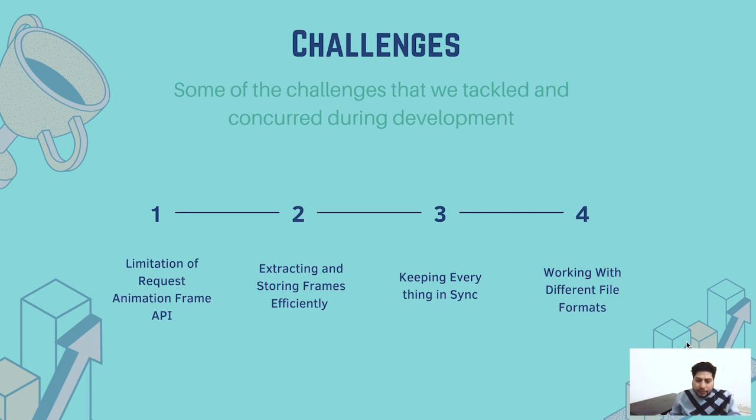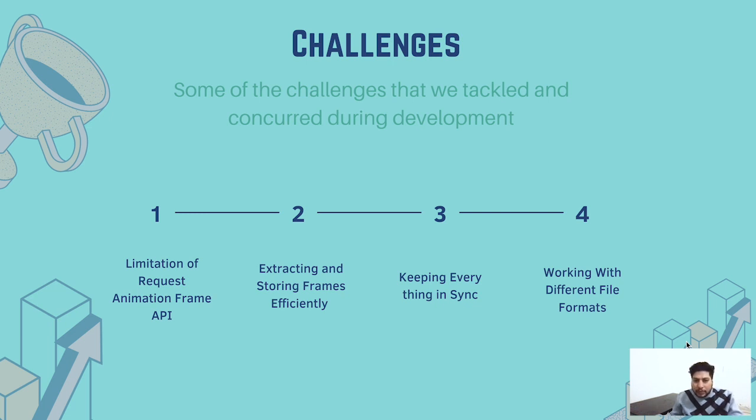There's a browser API called requestAnimationFrame, which works on the background tab, but there's a limitation: it works for the current tab. So if you are recording and you are on the same tab, it will work fine. But if you switch the tab, then it will stop sending the frame by frame API.